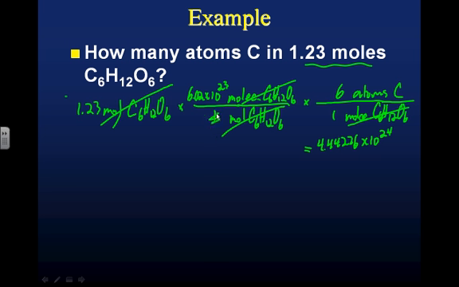If that wasn't there, does it matter? No. So there's 3 in 6.02, 3 in 1.23, so you can have 3 in your answer. So that's going to be 4.44 times 10 to the 24th. What else do I need? Atoms of carbon. So atoms, carbon. Box it out, done.